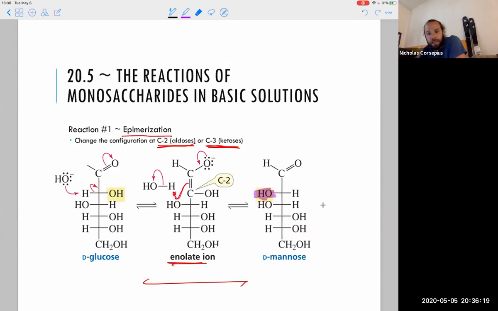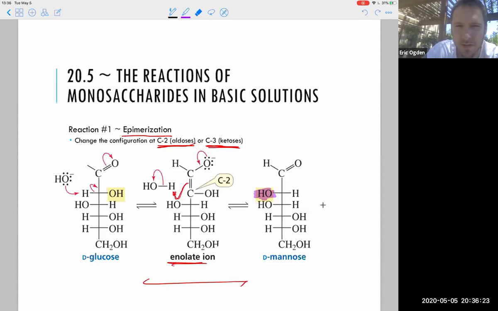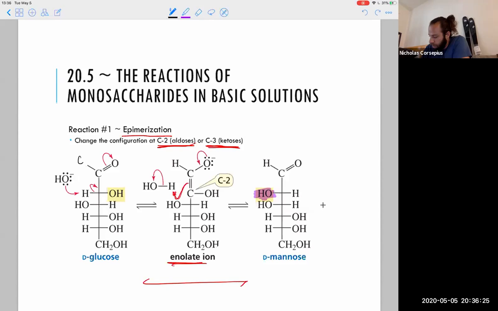What do I have to replace it with to make it a ketose? CH2OH. Yeah, nice, right? So CH2OH, all the carbons have to be bound to an oxygen. So it's not a methyl group. It's a CH2OH, okay? And now it says that these epimerization reactions would also happen at the C3 of ketoses.